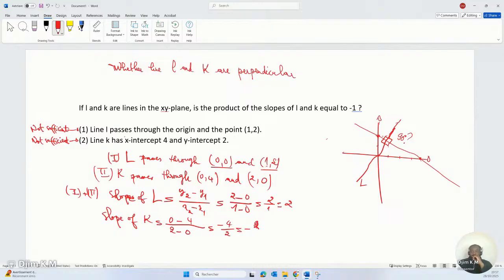I know I made a mistake here. So when it says x-intercept, that means that x is 4 and y is 0. My bad.